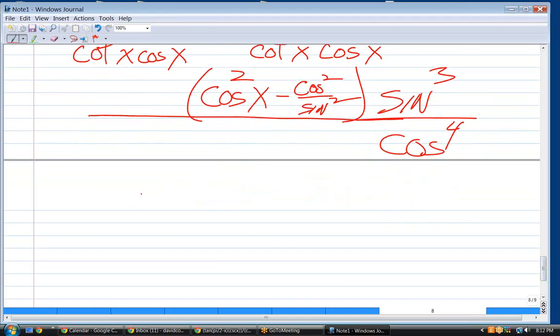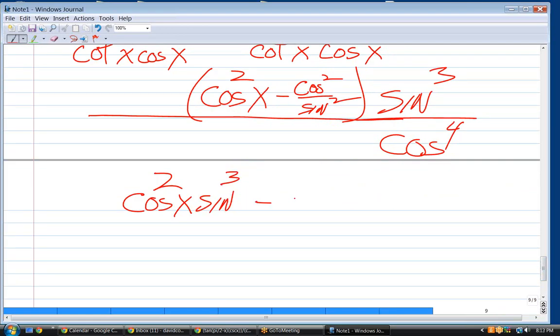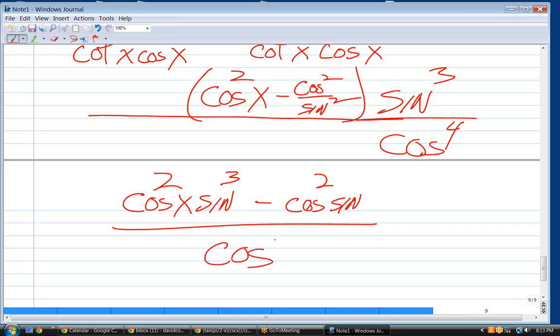So we've got cosine squared x sine cubed minus cosine squared times just sine, all of that over cosine to the fourth.